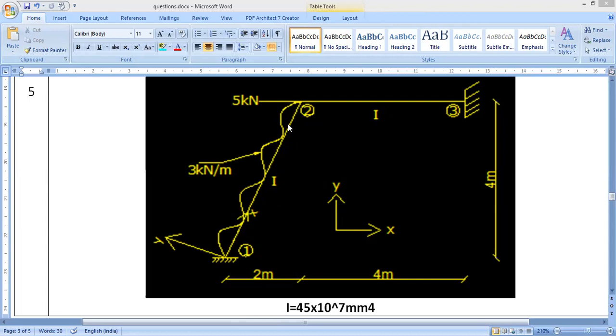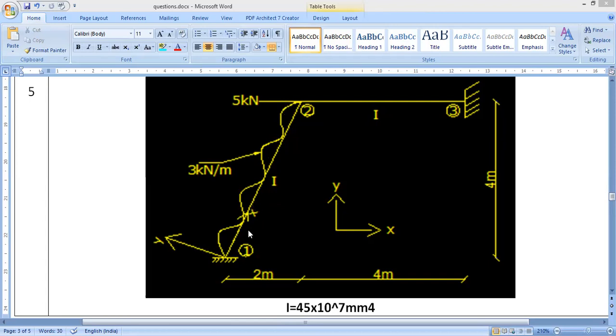There we should remember there is something called local coordinate system or local axis, and global axis. This is the global axis, where x is horizontal positive and y vertical positive. But when there is an inclined member, then you should resort to the local coordinate system. You cannot use the global coordinate system to apply the loads.